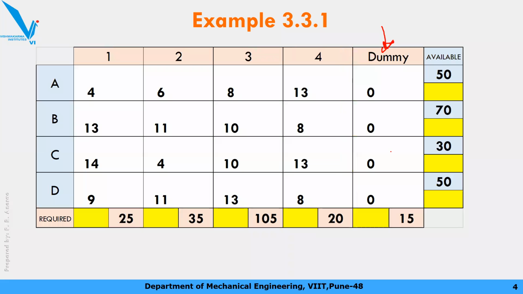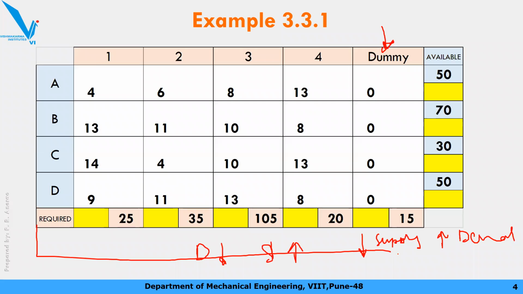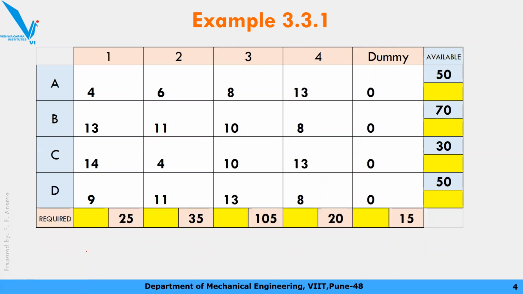It's a simple concept. Now, in this case the demand was less and supply was more. In certain cases, there will be less supply, but the demand is high. Demand is high. Then what do you have to do? Just add one more row into it. Here we are going to insert one more row.